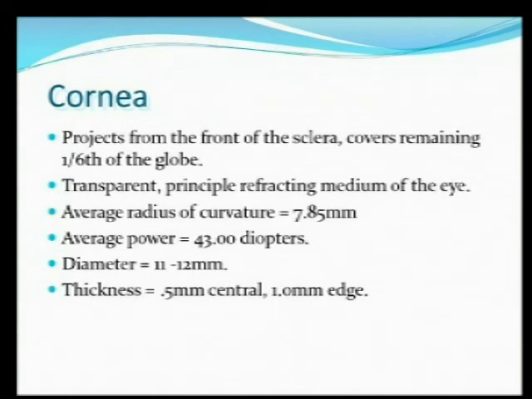That horizontal visible iris diameter, or HVID, also typically is somewhere between 11 and 12. Occasionally you'll find a 10.5, occasionally a 12.5, but the bulk are 11, 11.5, or 12. Thickness-wise, the cornea is about half a millimeter thick in the center to about 1 millimeter thick at the edge.